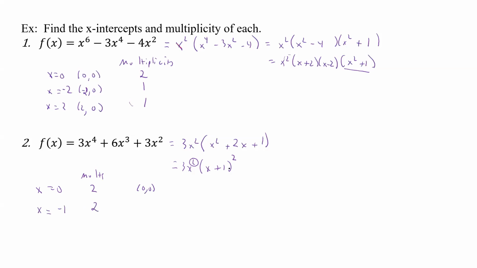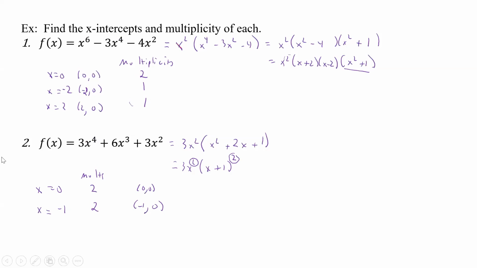Its multiplicity is also 2, and if we wanted to write that out, that's minus 1, 0. So we have the two x-intercepts and their multiplicities, and they work because that adds up to our 4, and same as those multiplicities added up to our 6 if we considered that we had some imaginary ones there. So the 2 plus those 2 gives us that 6.